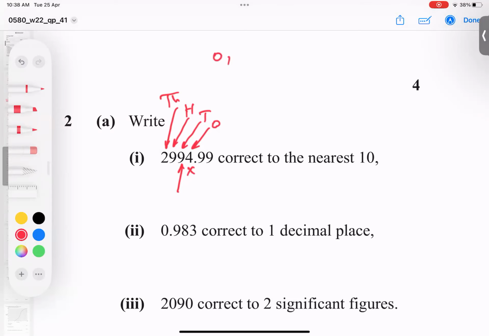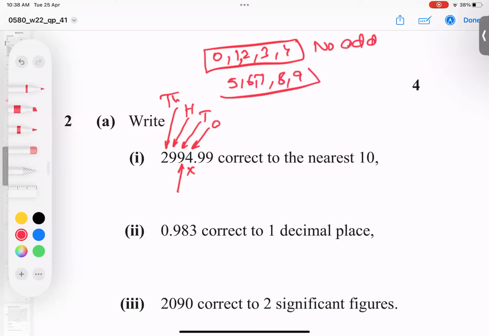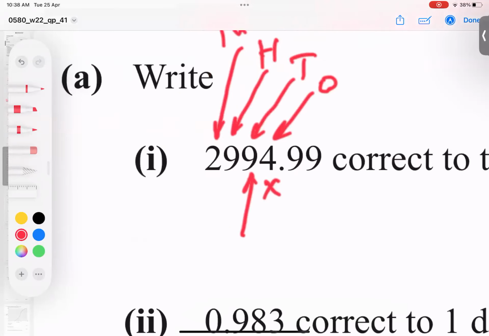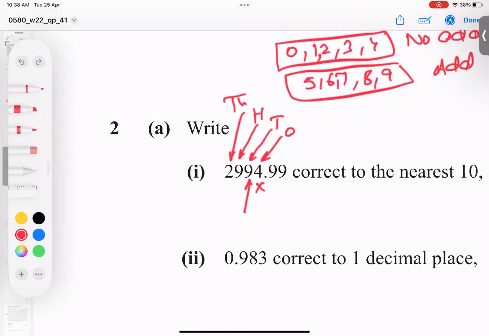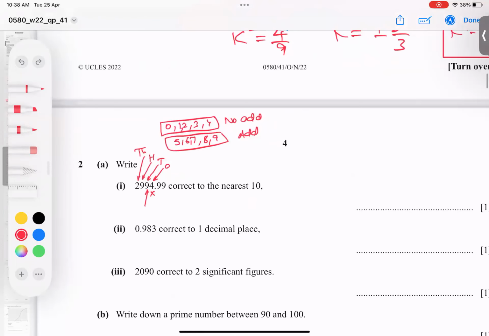If it's a 0, 1, 2, 3 or 4, we never add, no addition. If we have a 5, 6, 7, 8 or 9, then we always add 1. I saw that this is not bigger than 4, so don't add. So 299 I have already, but in the place of 4, I must write 0. So 2990.